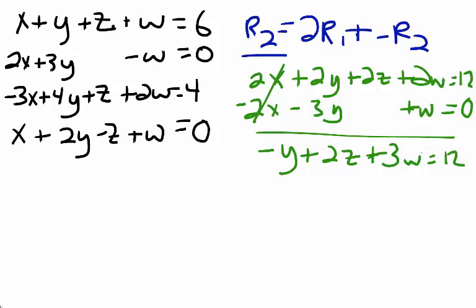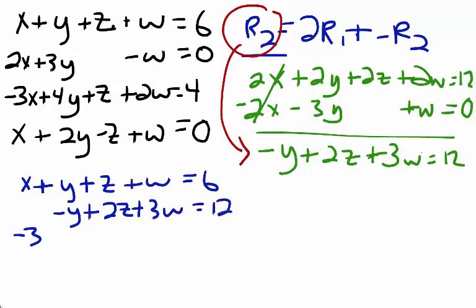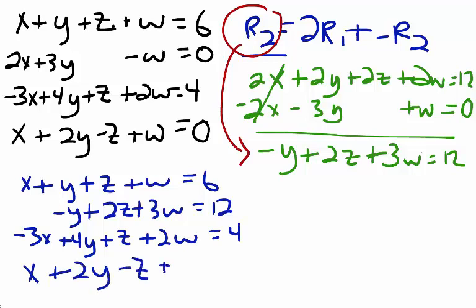So then we rewrite our system, keeping rows 1, 3, and 4 in their original form, and making our updates to row 2. So now we have our new system.